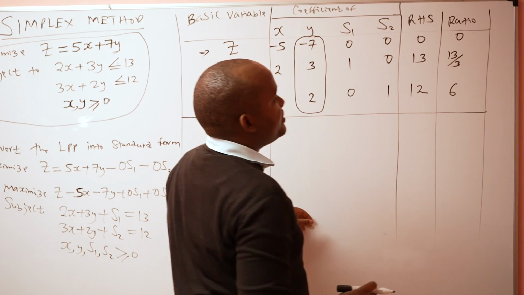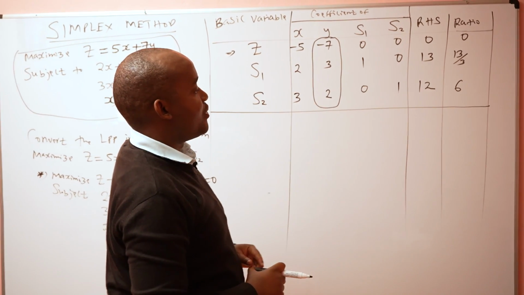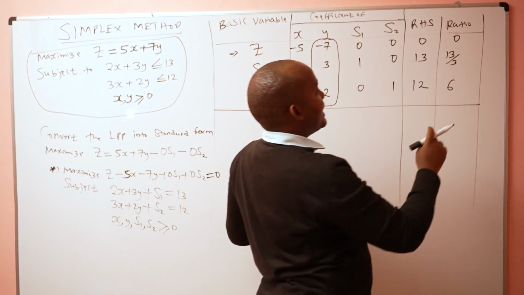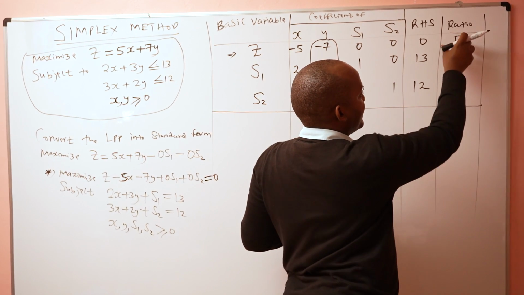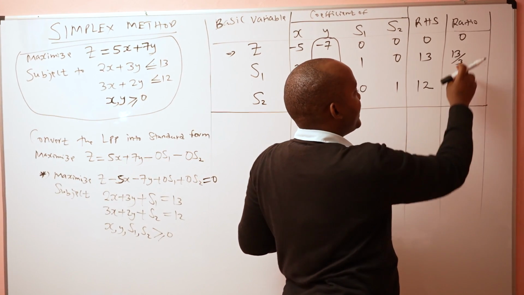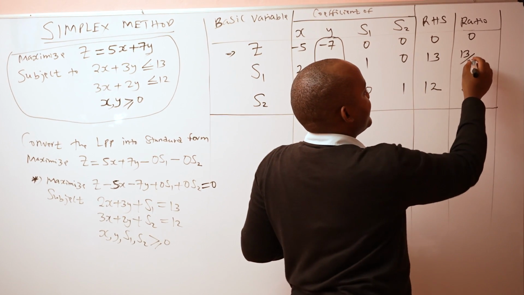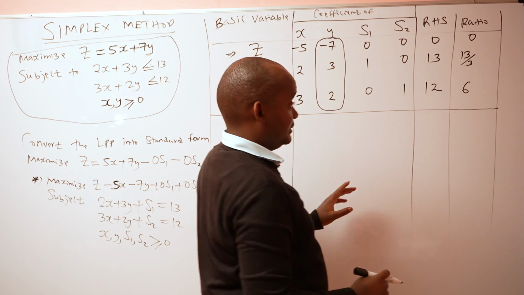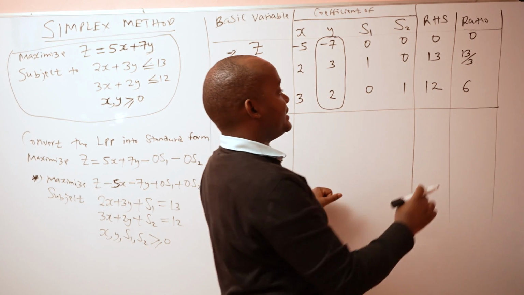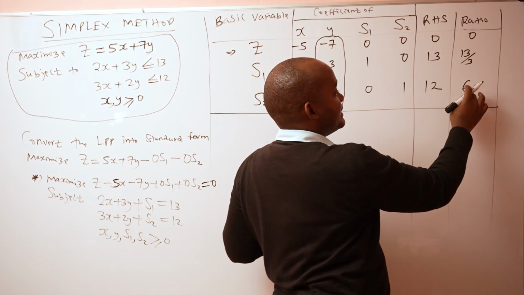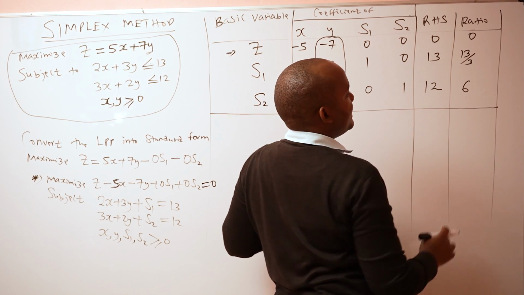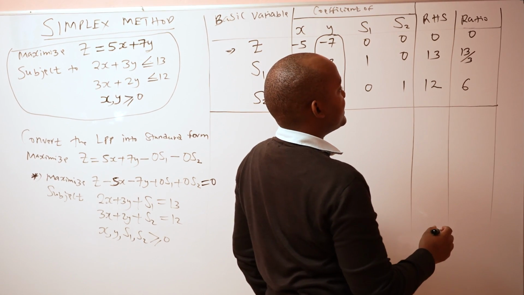So for you to be able to identify the pivotal row, you consider the positive values that are greater than 0 and check for the smallest. For example, if you look at 13/3 and 6, you notice that 13/3 is the smallest.